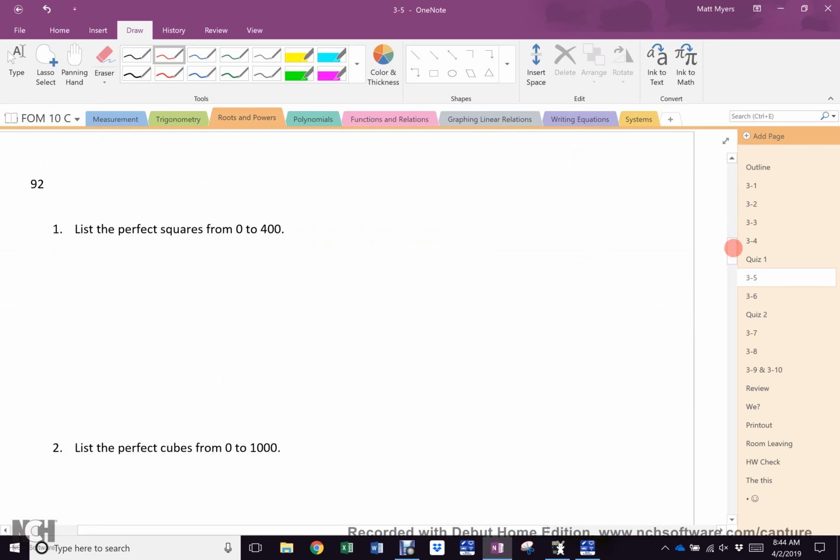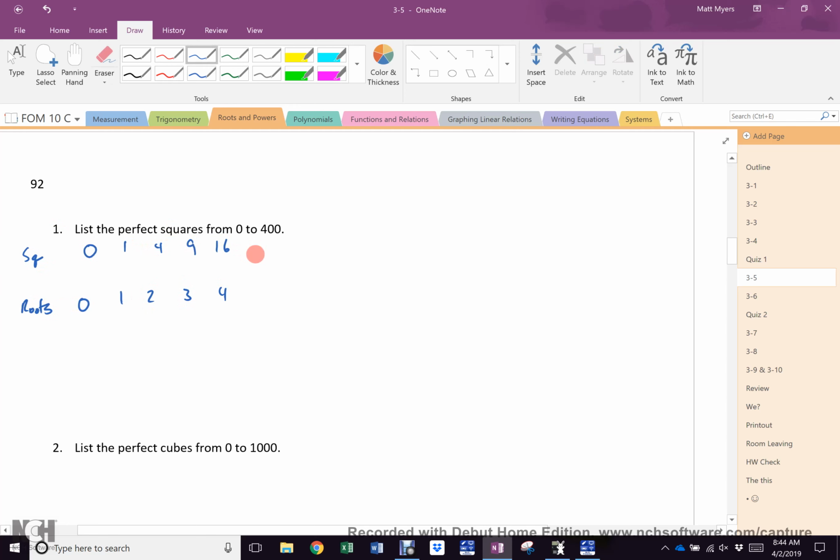0 to 400, I'm just going to write them. I'm going to write the squares up top. The squares and the roots on the bottom. 0, 0, 1, 1, 2, 4, 2, 3, 9, 4, 16, and keep going until you're up to 400. You already know what it's going to be.